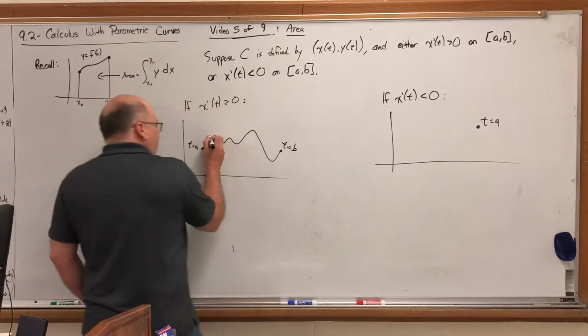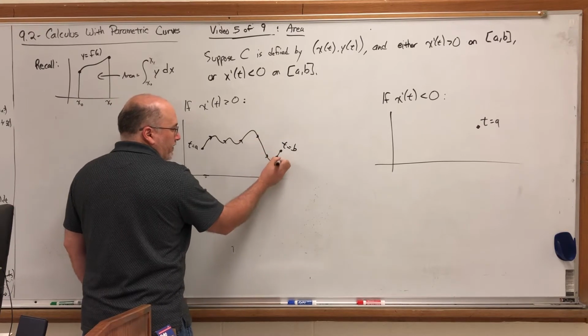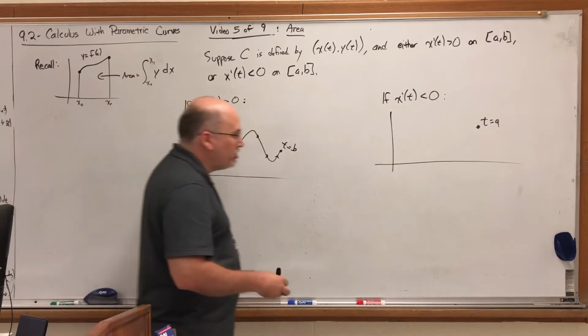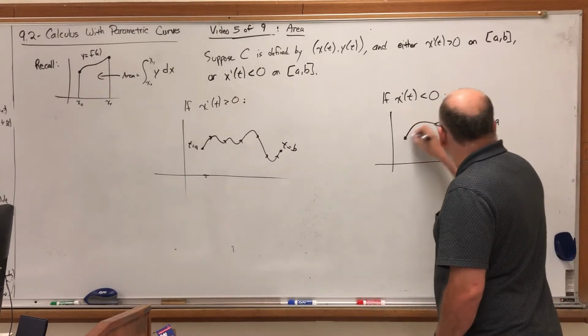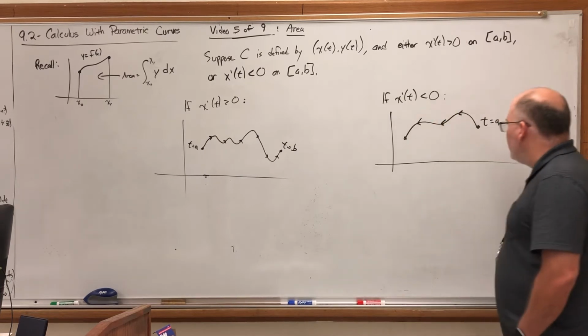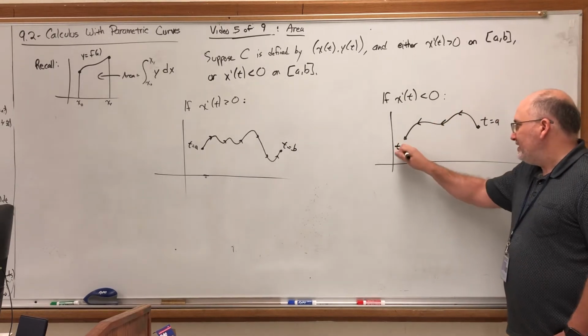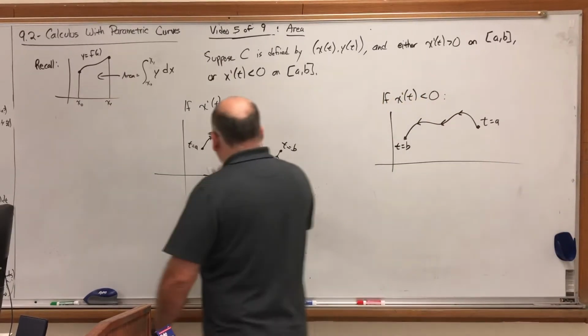My apologies, I should be putting orientations on these graphs: arrows pointing the direction that we're moving as the value of the parameter is increasing. But here, it would be moving right to left, because this derivative of the x parametric equation would be negative, and t equals b would end up here. So as long as the x doesn't change direction, we can still talk about the area under the curve.